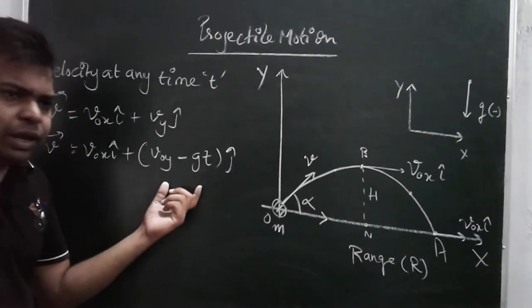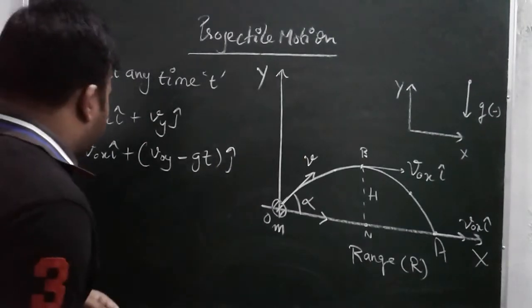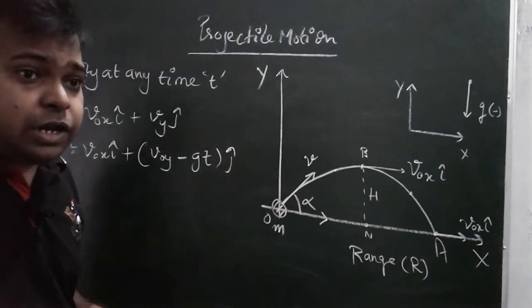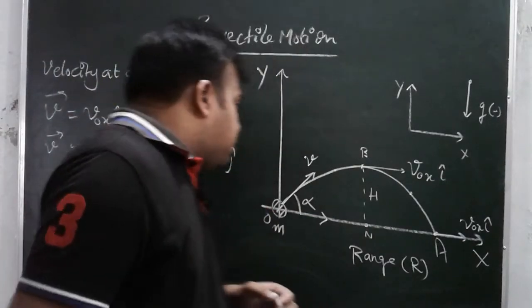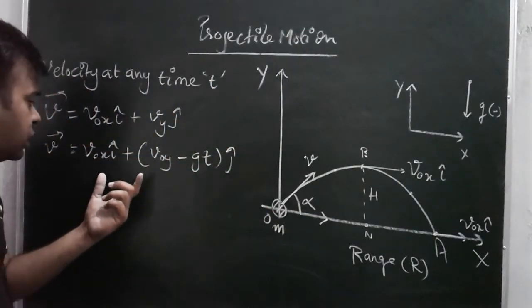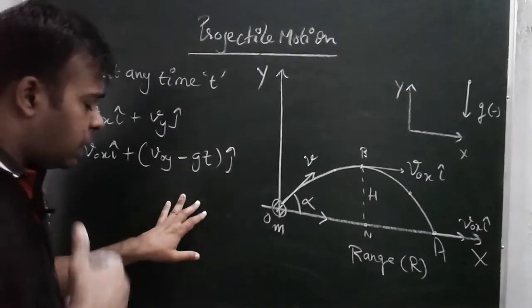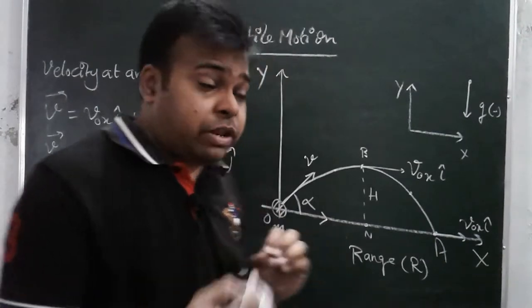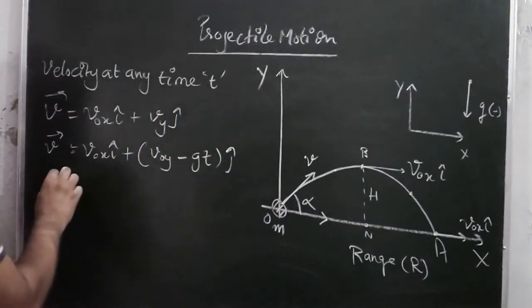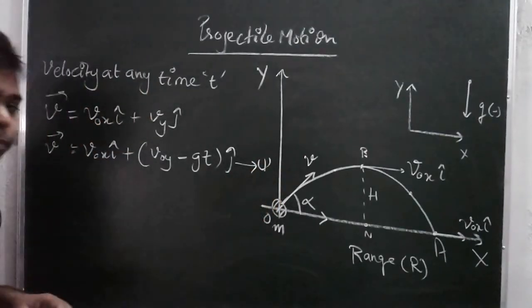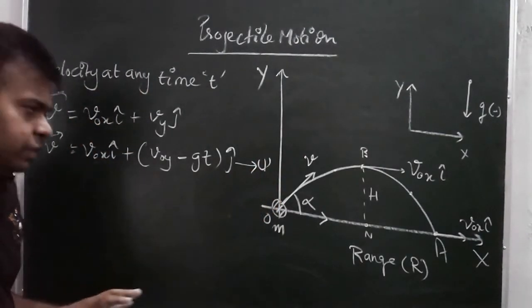I think you are familiar with this equation, so I am not getting into the details of the kinematics we have studied in the physics section. I am just directly writing it down, hoping that you know everything. This is the formula for velocity at any time t, and from this you can calculate everything.